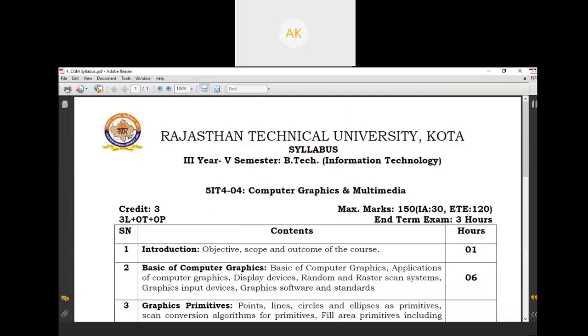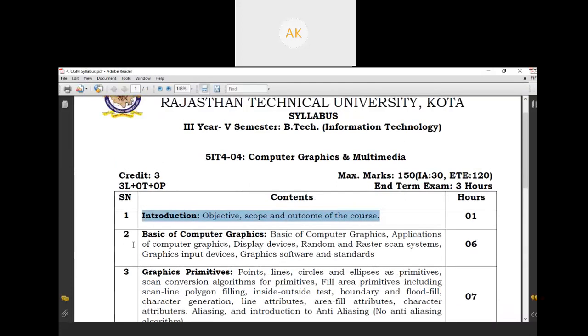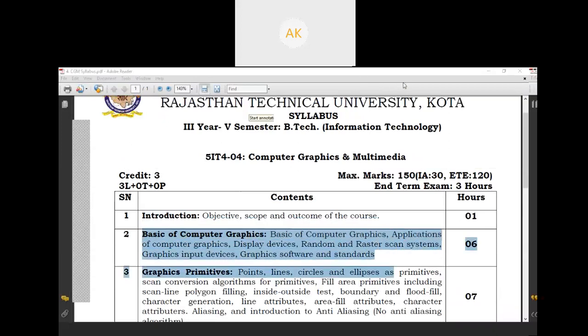so go back to our syllabus. Other thing in our syllabus is, after the introduction, there is the first unit. We call this unit zero. The first unit in this course is basics of computer graphics.